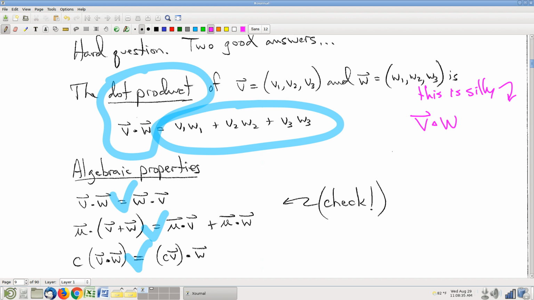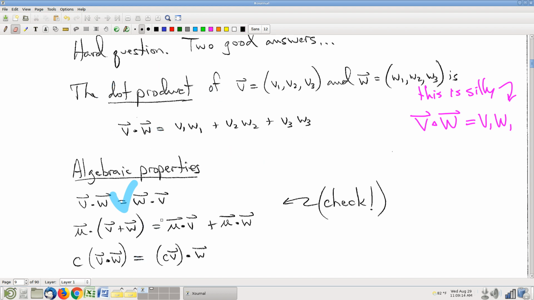I'm going to define a new kind of a product called V triangle W. And it's computed by the following formula. It's V1 times W1, and that's it. This triangle product that I just made up has all three of those properties. And absolutely no physical relevance. Okay, so don't be impressed by these blue properties that I have outlined. These are useful tools. We need them, but that alone is not why we care about the dot product. That's unimpressive.